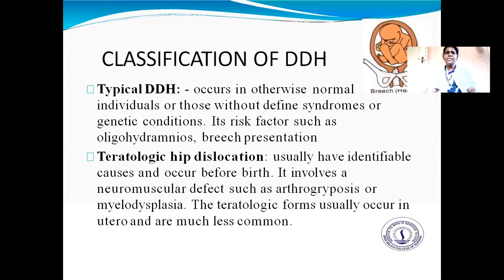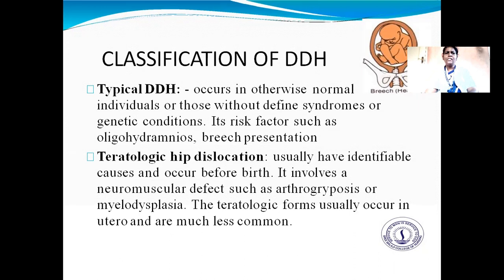Its risk factors are oligohydramnios, which means decreased amniotic fluid, and breech presentation. Normally the vertex is the presenting part, but here the leg is the presenting part, that is breech presentation.